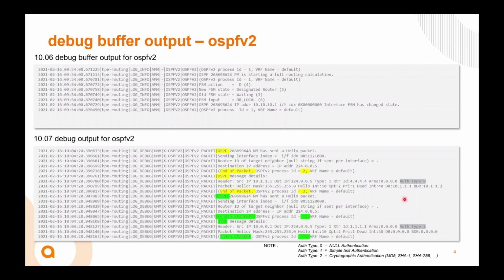Auth type 0 is no authentication between neighbors, and auth type 2 is using cryptographic authentication with MD5 or one of the SHA cryptographic authentication methods that are now released in 10.07. So this output is much cleaner.